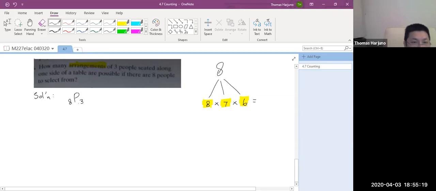You have 8 items, and how many ways can you arrange in order 3 of them? That will be 8 permutes 3. Can you use your calculator to compute this? The result should be the same as 8 times 7 times 6. Somebody say 336.